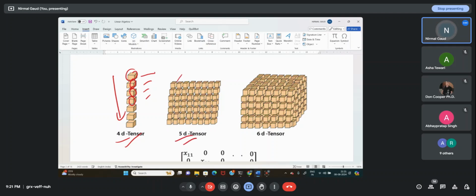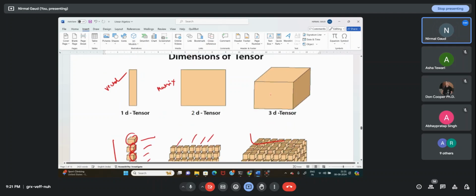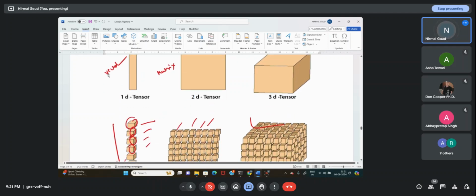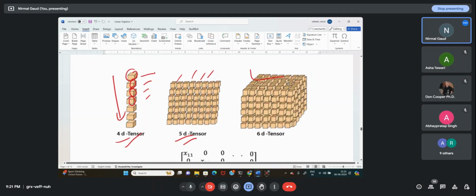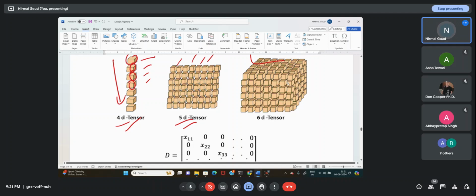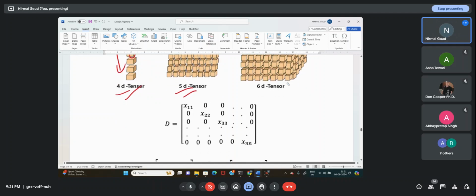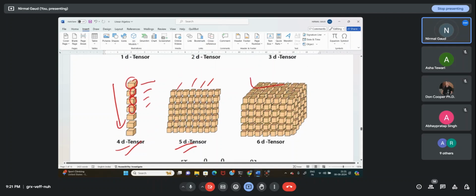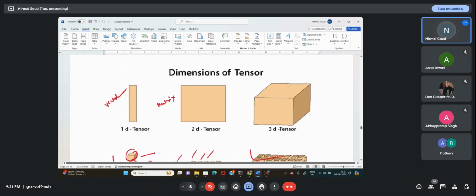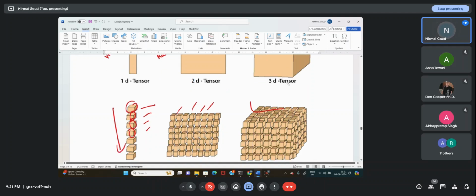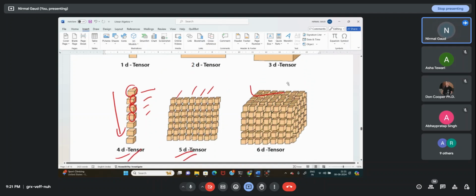Then one more, it will be converted into 6D. So vector, matrix, this is a 3D matrix. But 4D, 5D, 6D, these are the tensors. All right, fine. So this is how you can represent a tensor, as the question was asked yesterday.